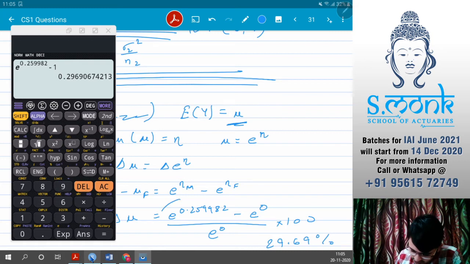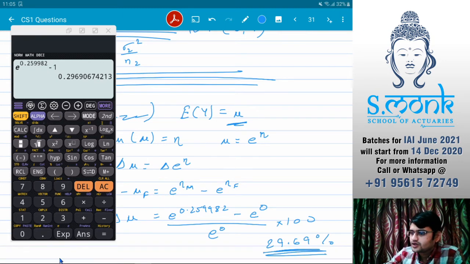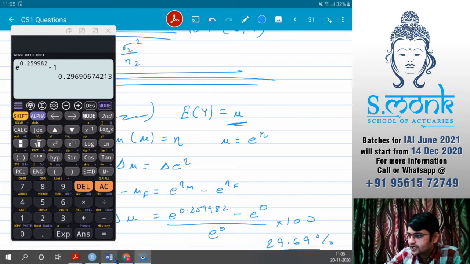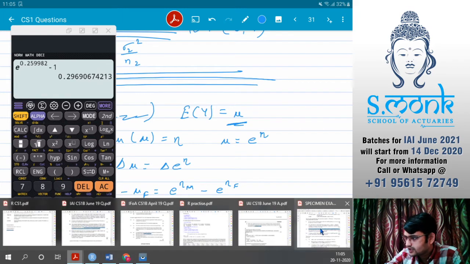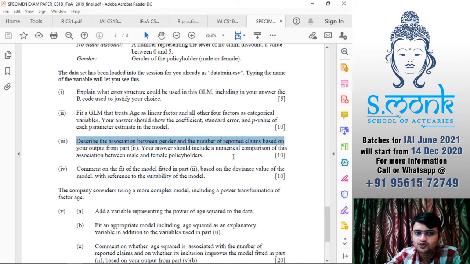So the response in male is 29.69% more than the response in female. That is what your conclusion is going to be. So claims due to male are more than claims due to female by 29.69%. That is what your association between genders is going to tell you.